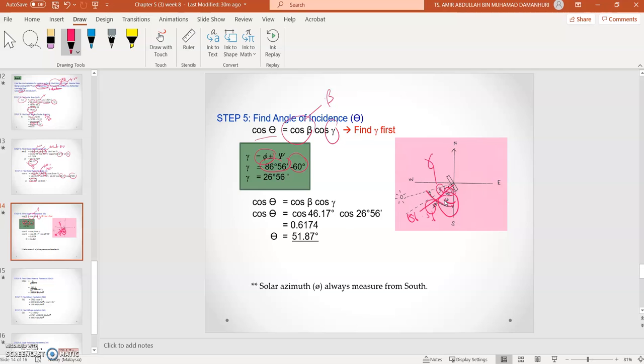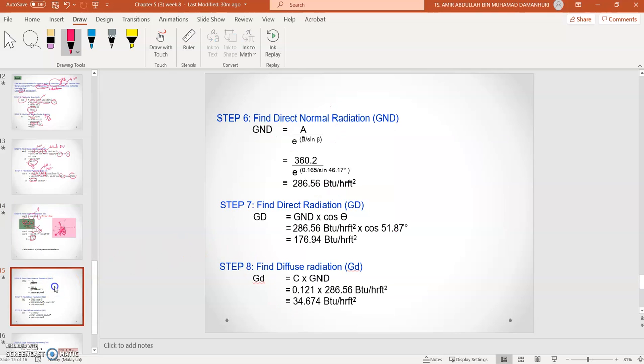The value of gamma is 26.56, so we minus: 86.56 minus 60, because we want to find the gamma value here. Cos theta equals cos beta from the previous calculation, times cos gamma. Putting the values in, you get the angle of incidence as 51.87 degrees.